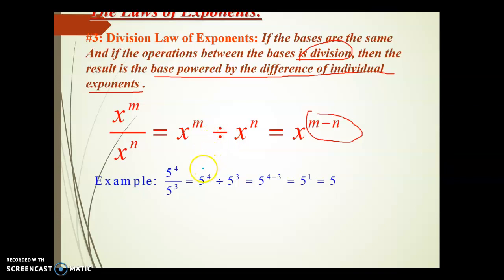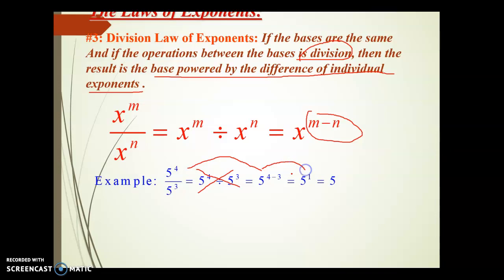So for example, 5 raised to 4 over 5 raised to 3. As you have noticed, this one is written horizontally, but it can be written vertically. But you may not follow this one anymore. Just proceed to the next step by subtracting the exponents.